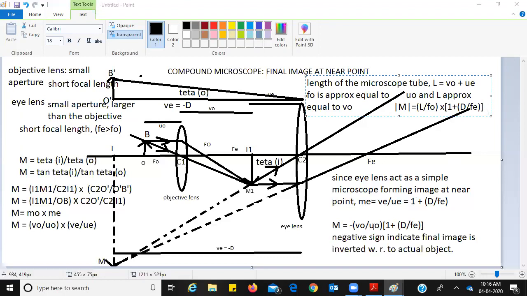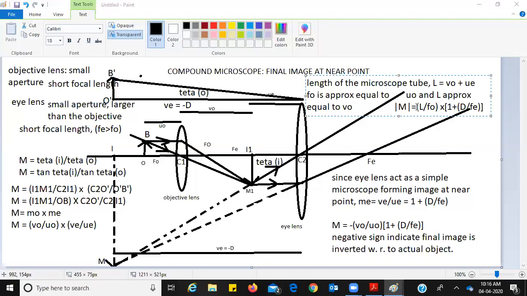Check the formula. D and F are constants, but VO and U are not constants. Then he has to do the experiment in the shop to find VO and UO. That's not practically possible. So this is only an approximation for practical purposes. We never use it for any calculation.